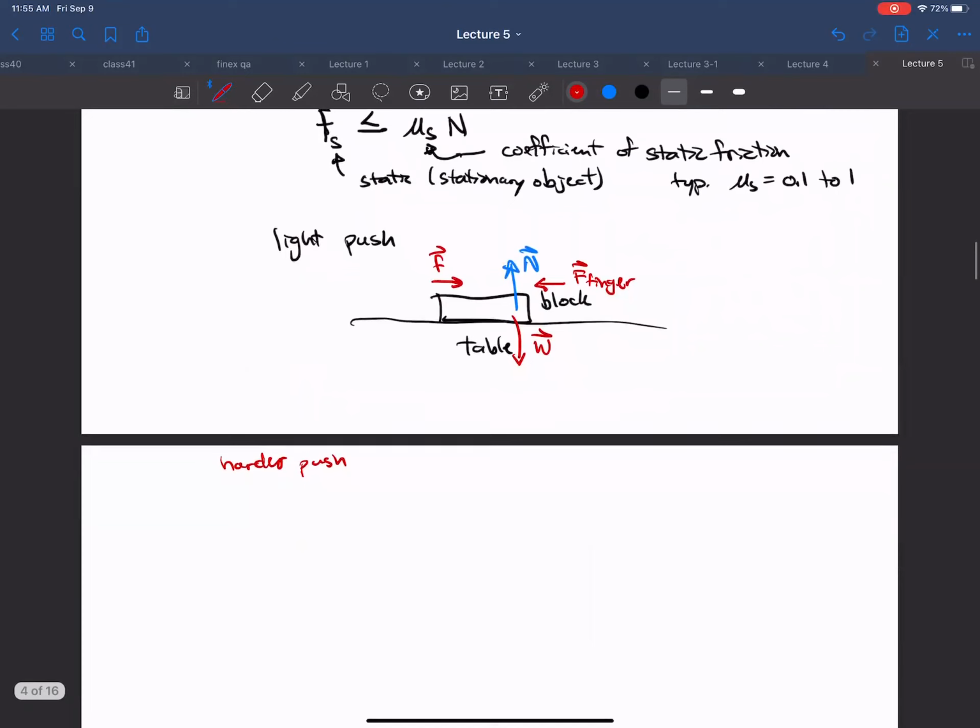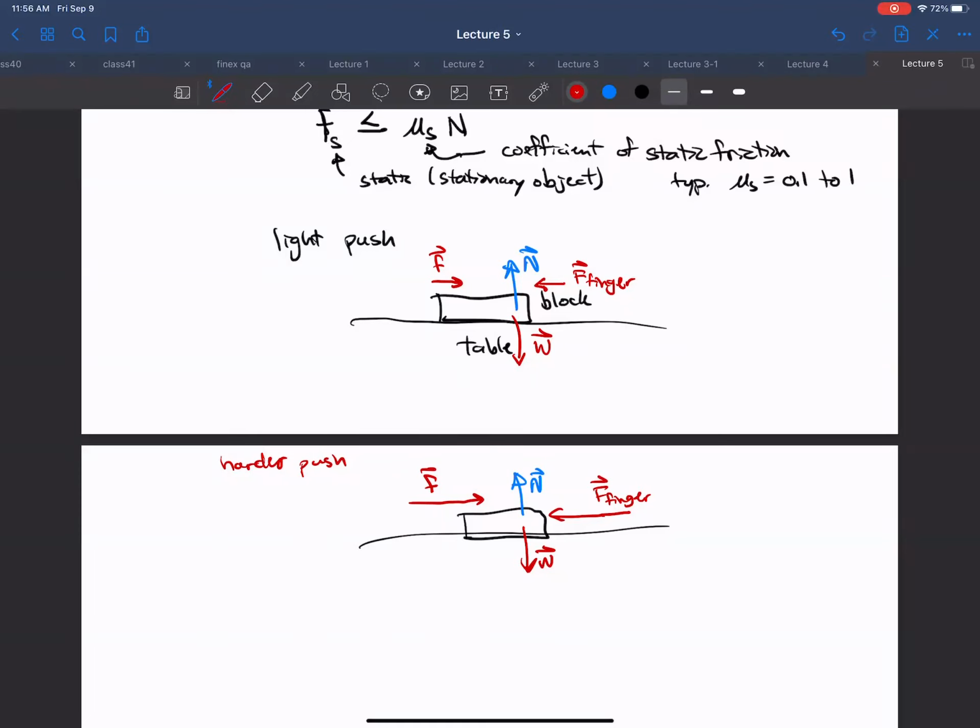So we'll draw the same diagram. The same normal force and the same weight. But now the force from my finger is longer because I'm pushing harder. But it still hasn't started to move. I haven't started to push hard enough to make it move. So the frictional force has got to be greater to oppose the force of my finger.